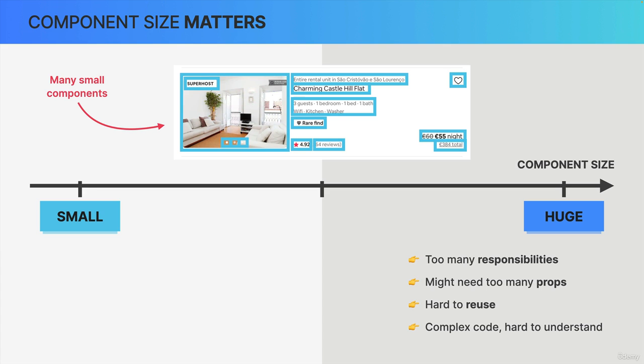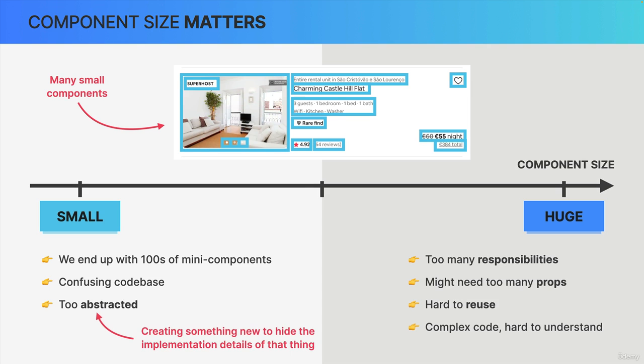If we would build a UI or an entire app in this way, we would end up with hundreds, if not thousands, of mini components. This, of course, would create a codebase that is super confusing to navigate and to understand, and it would be way too abstracted. And if you're not familiar with the term abstraction, in programming, it basically means to create something new in order to hide the implementation details of that thing.